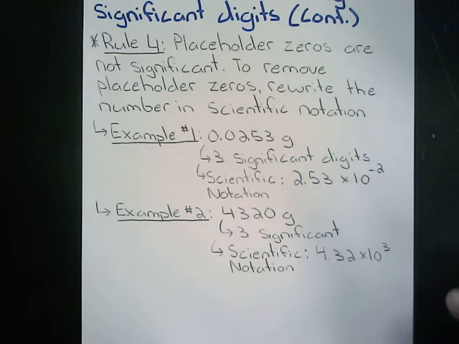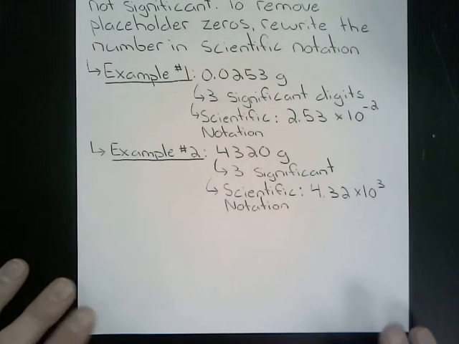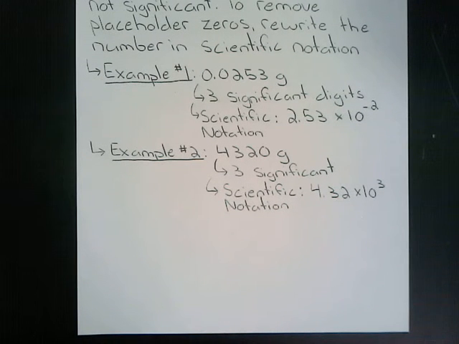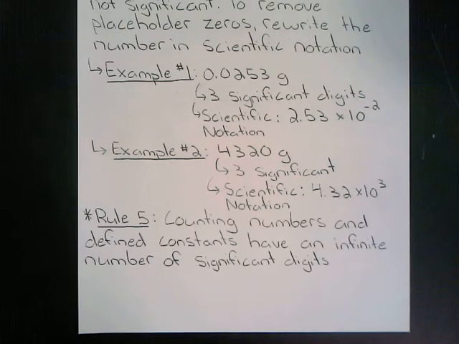All right, so rule number 5 with significant digits states that counting numbers and defined constants have an infinite number of significant figures. So examples of this would be something like 6 molecules, or a conversion factor that states 60 seconds equals 1 minute.